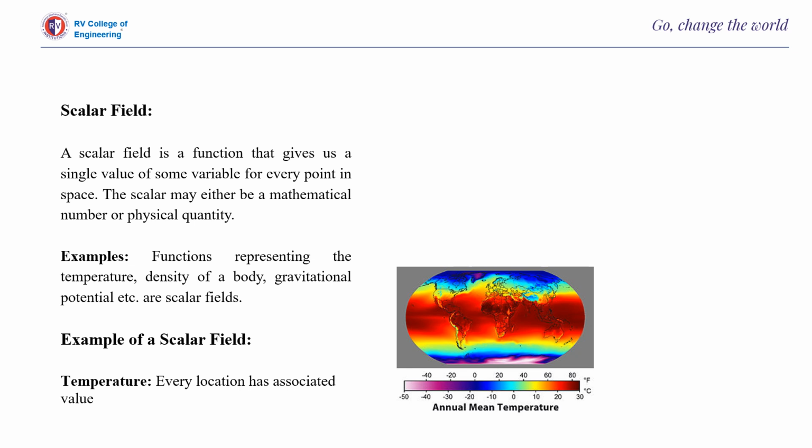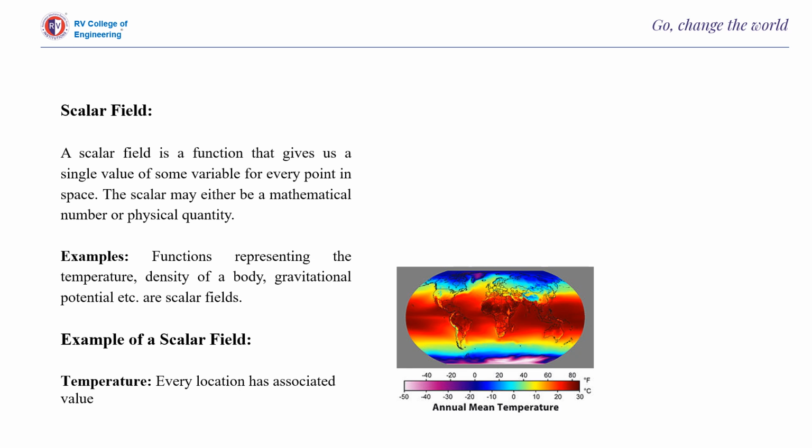In mathematics and physics, a scalar field associates a scalar value to every point in a space. Scalar fields are required to be coordinate independent. Example, temperature. The temperature field is a scalar field.